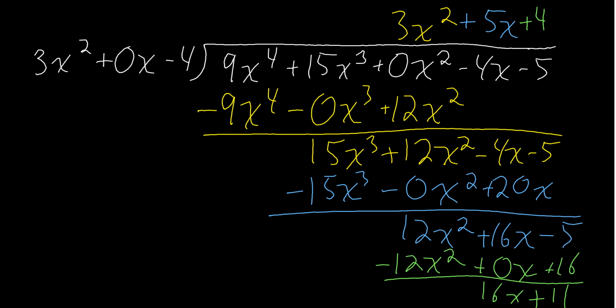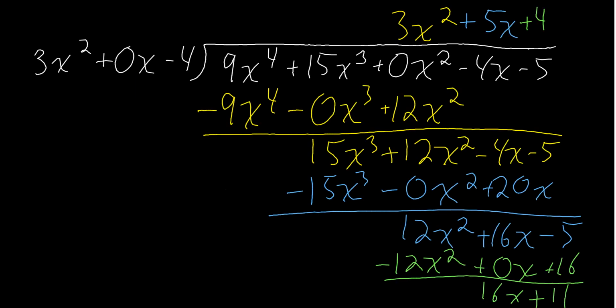So my quotient is 3x squared plus 5x plus 4, and I'm going to put it on the next page as I have done before.